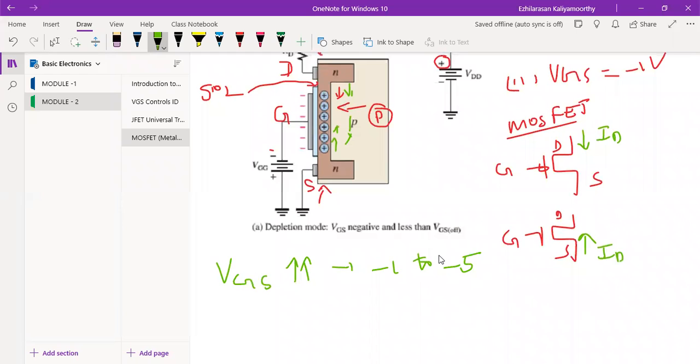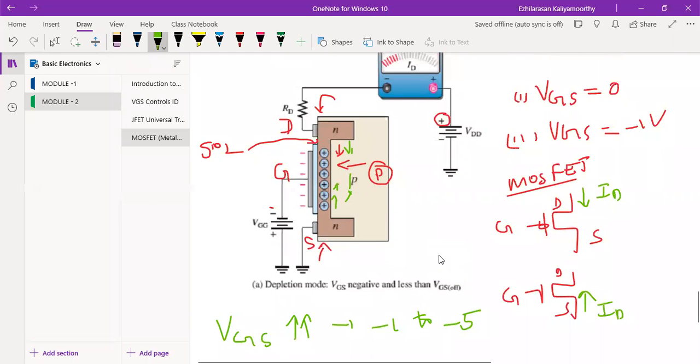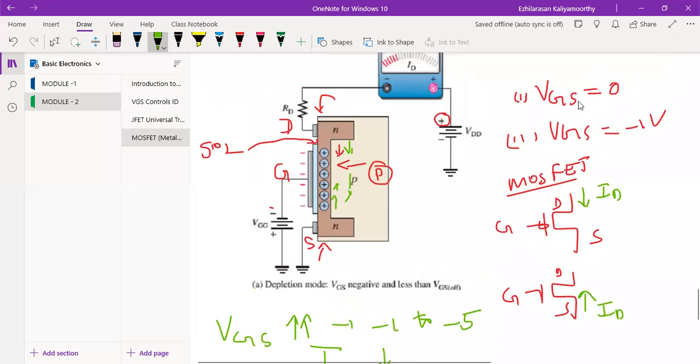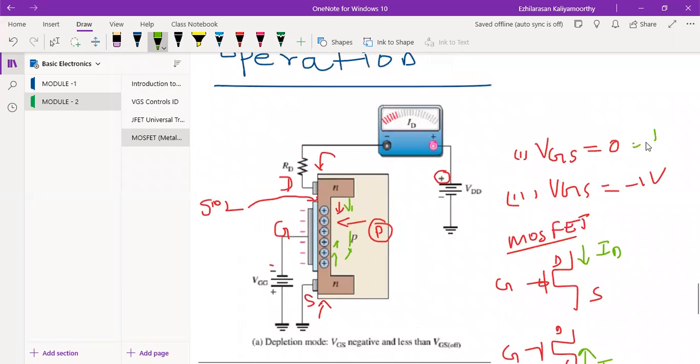Hence, the more negative voltage applied at the gate, the lesser the drain current ID will be. Initially, when VGS is equal to 0, your ID will be IDSS, the maximum.